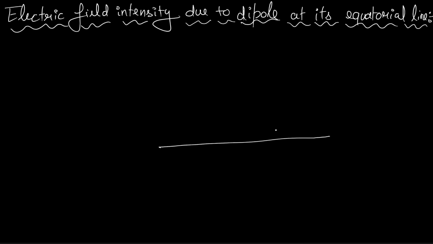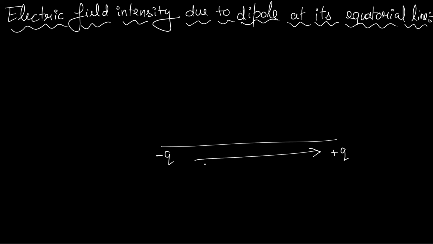Let's suppose I make the dipole with a negative charge and a positive charge, and the distance between them is 2a, and the equatorial line is basically the perpendicular line in between these two charges, and this is a, and this is a also.